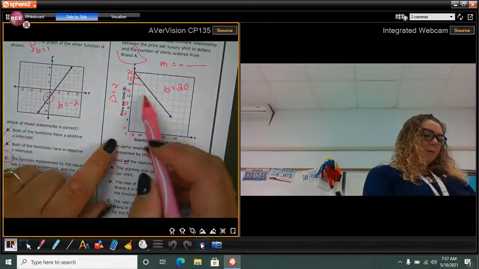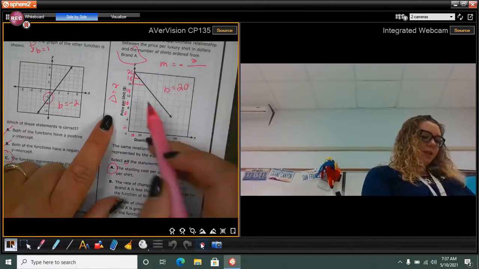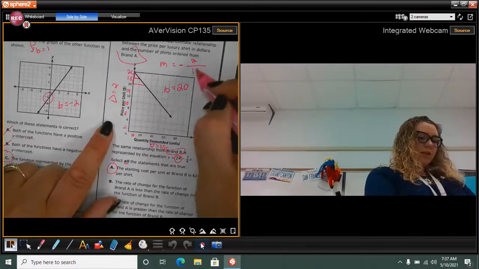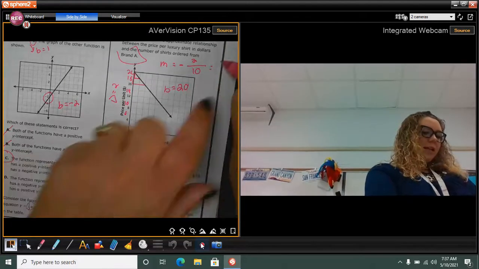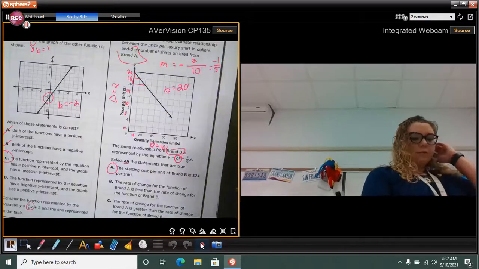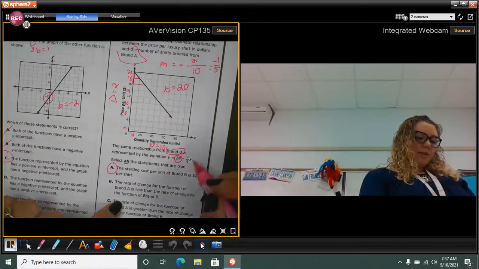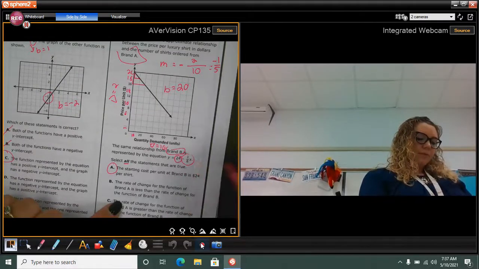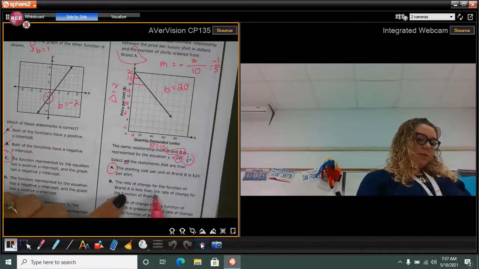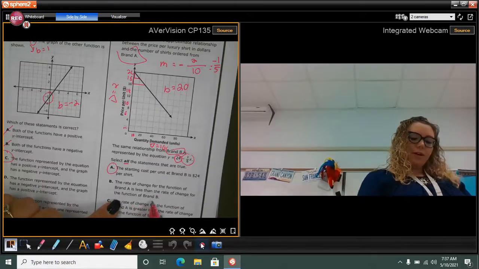How many am I rising? 1, so 2. And how many am I running? 1, so 10. Simplify that, and I'll get negative 1/5 for here. And then I have negative 1/6 down here. The rate of change of function brand A is less than the rate of change of brand B?